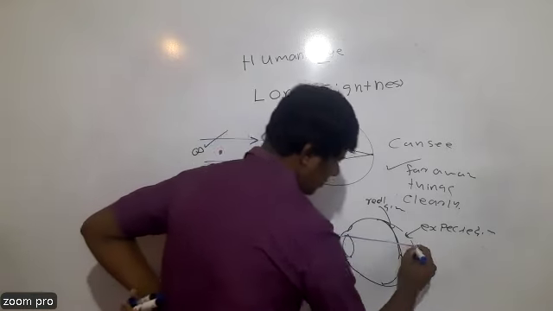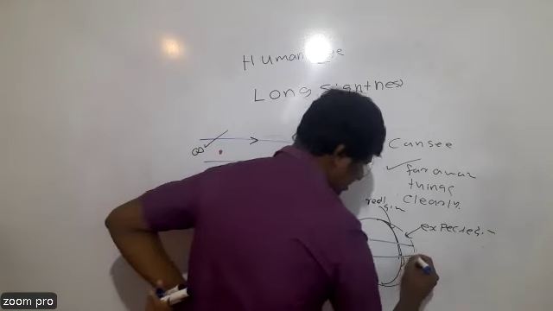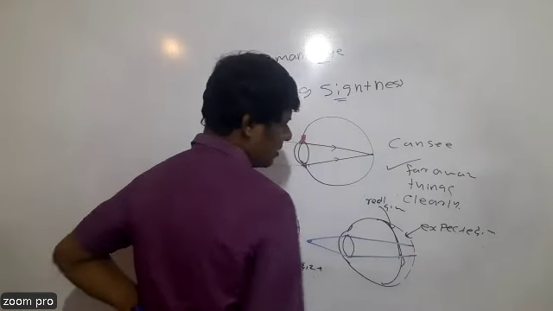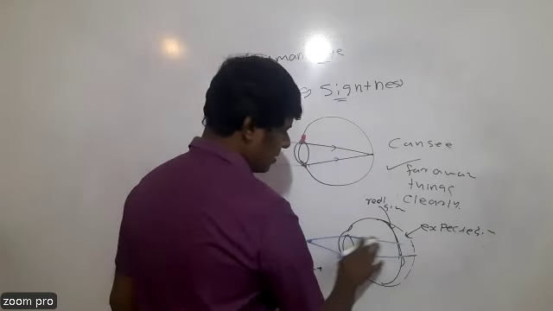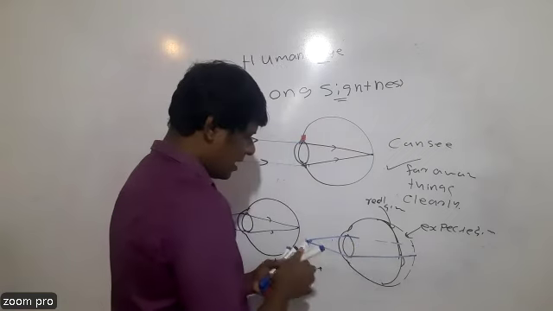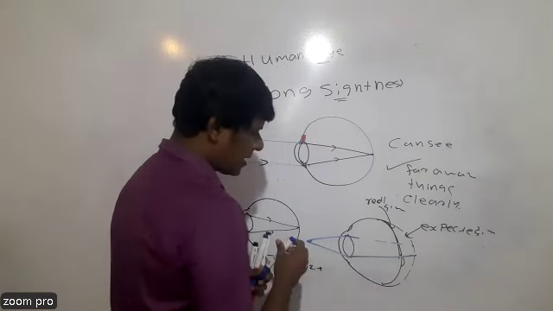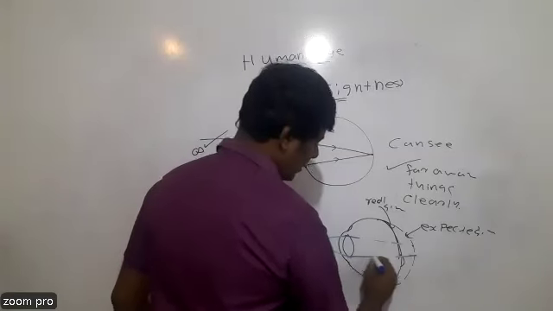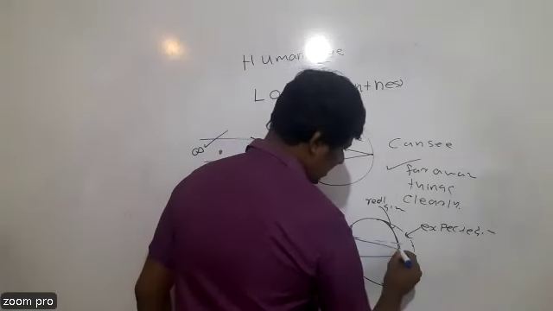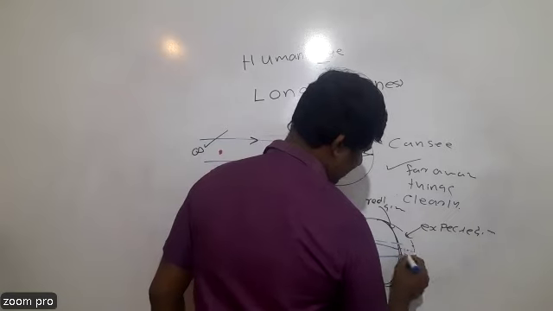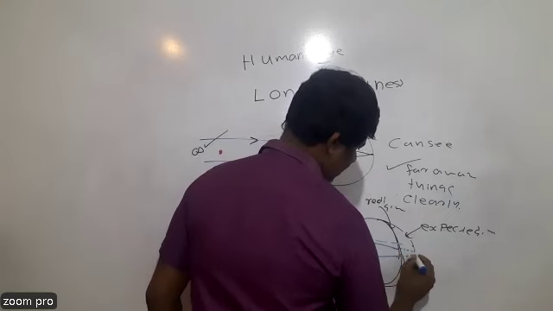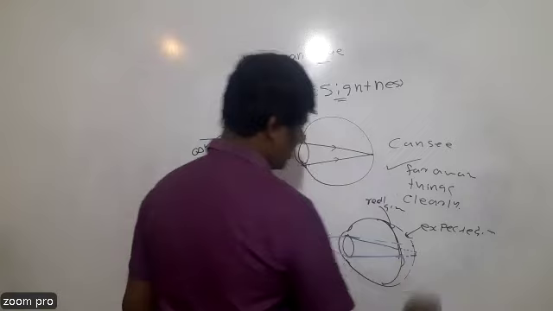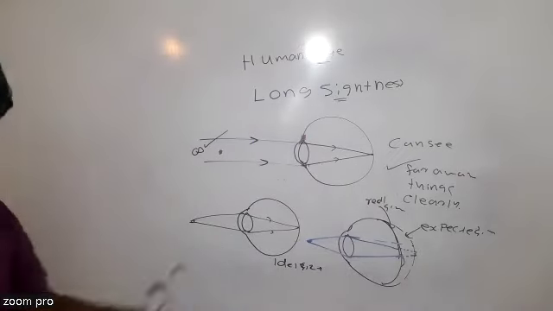It was supposed to focus here, but the lens has nothing to do with it. The lens will try, but the eye is very short, so it can't form the image.